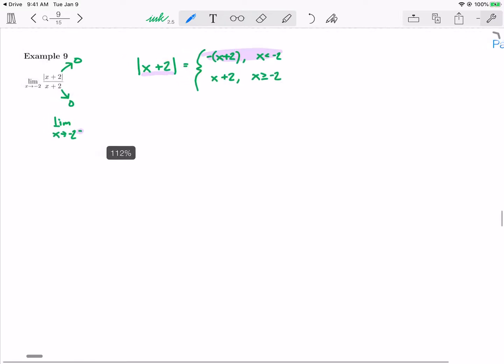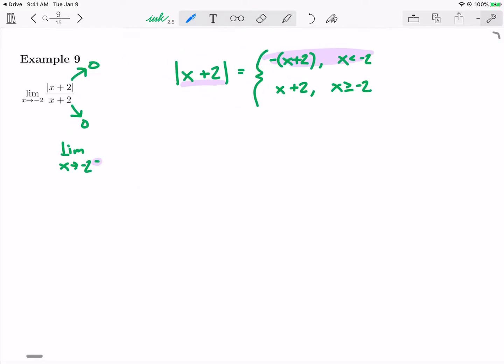From the left I'm using that top piece, so I replace the absolute value with negative quantity x plus 2, and it's all over x plus 2. As you can imagine, it's really the limit as x goes to -2 from the left of just -1, because what I crossed out becomes 1, and so it's just equal to -1.